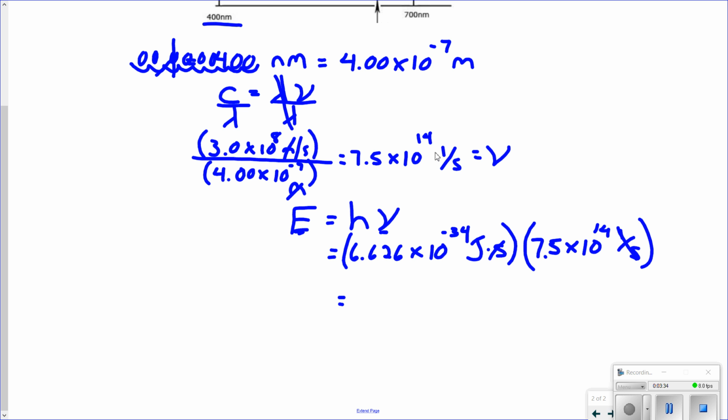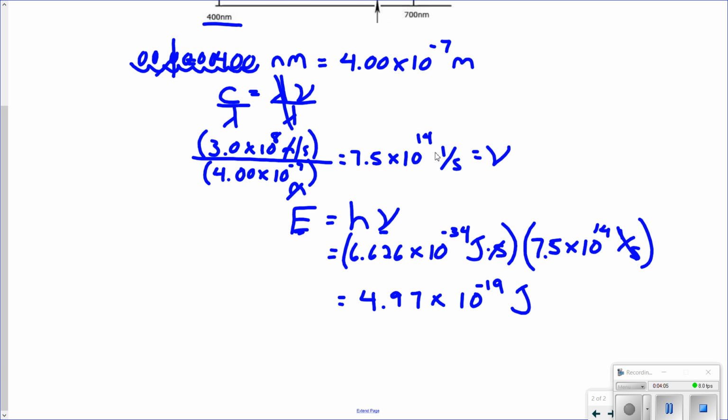And then I multiply that by 7.5 times 10 to the 14th. And I get a value of 4.97 times 10 to the negative 19th joules. That's how much energy is contained in that one little violet photon.